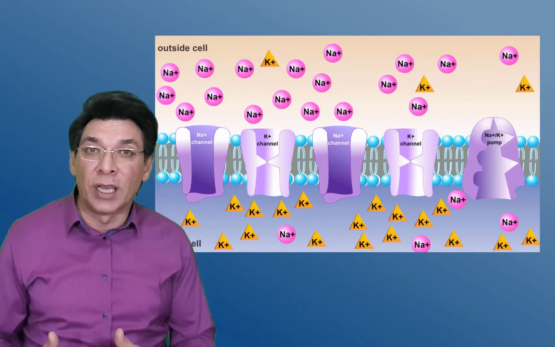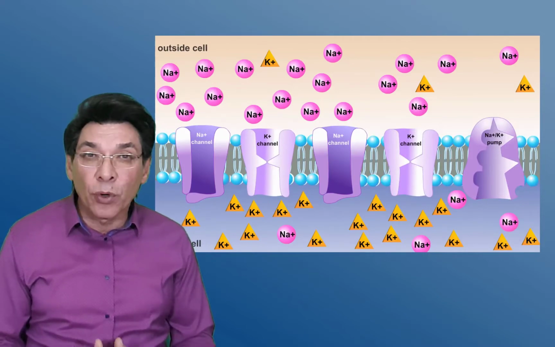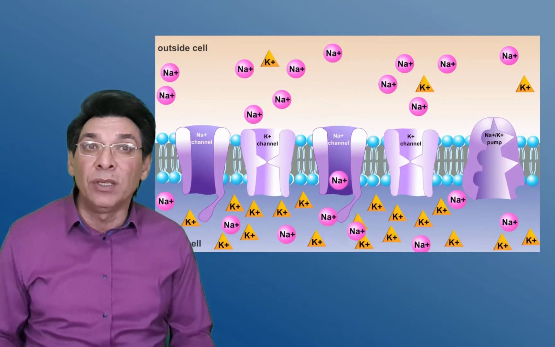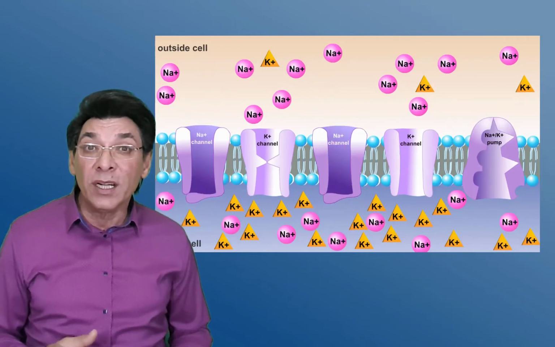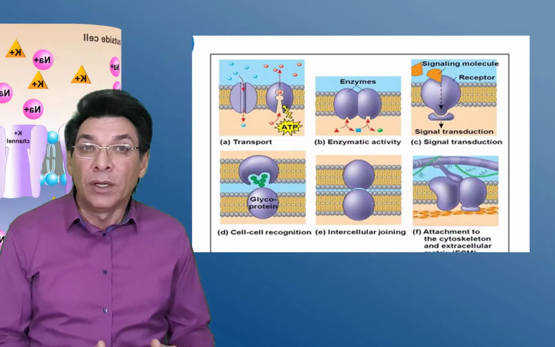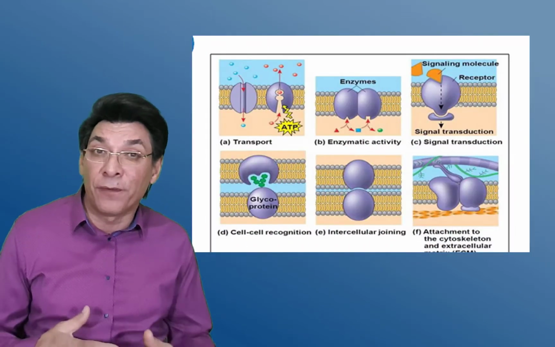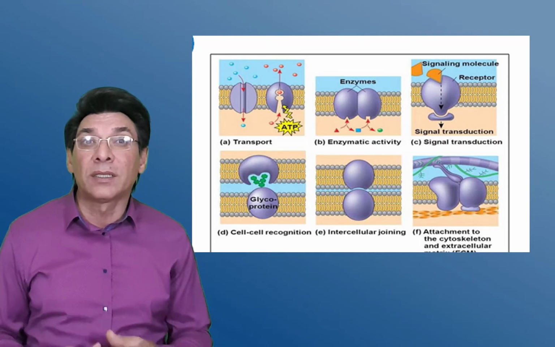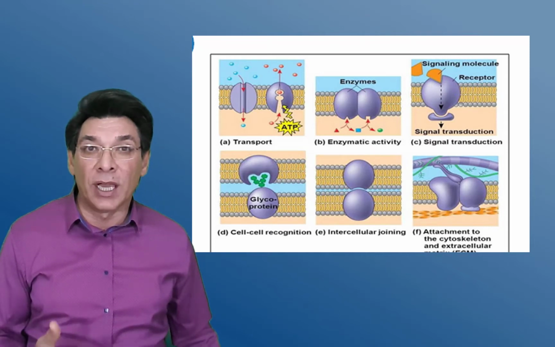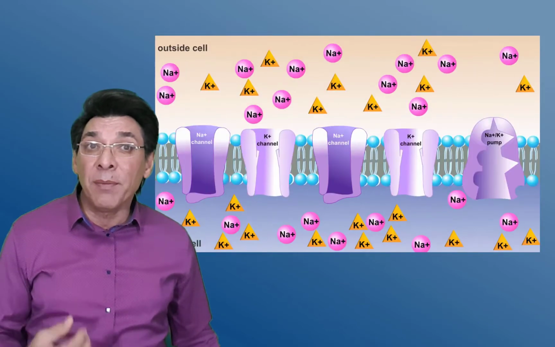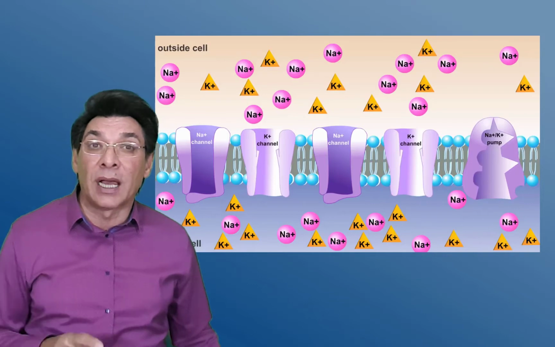Gated protein channels. Some protein channels are gated and need to be opened before allowing ions to travel through them. The protein channels that have gates that can open or close are called gated ion channels. There are three types.